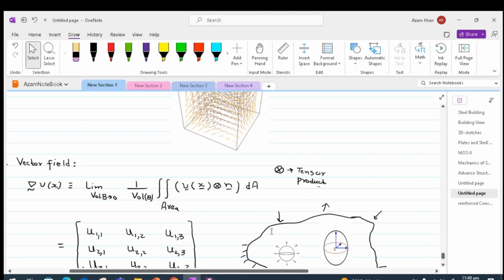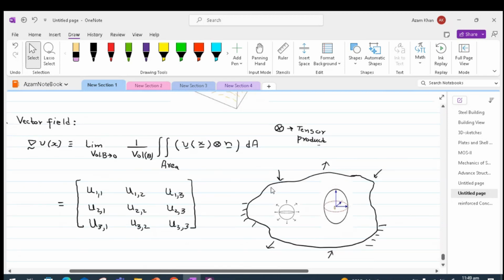Previously, we had a scalar quantity, so this whole body at every point had got a scalar. Then we said that there is a vector field. So this whole body had vectors at every point.